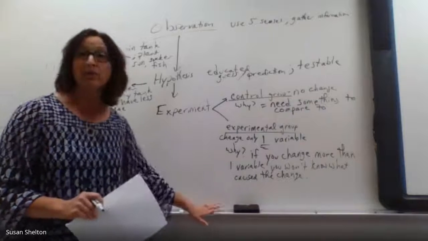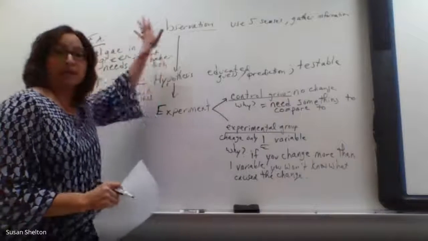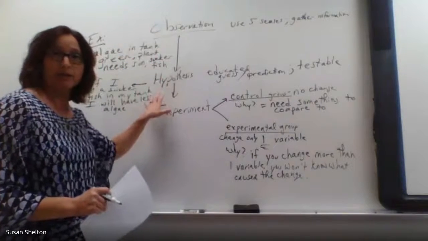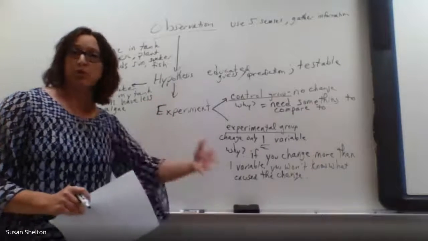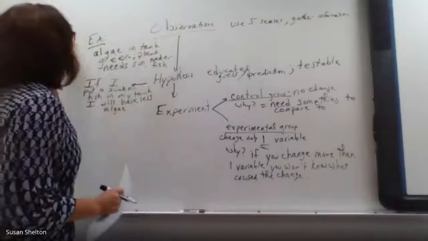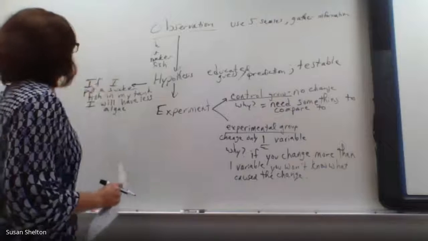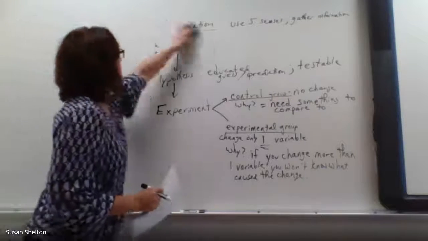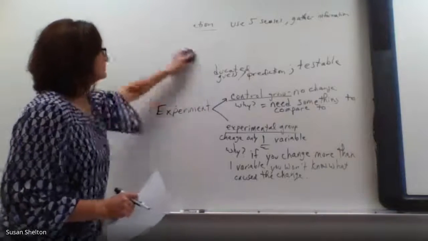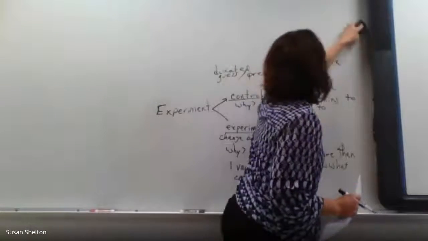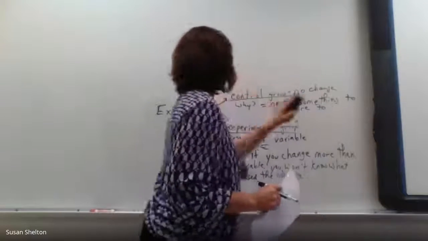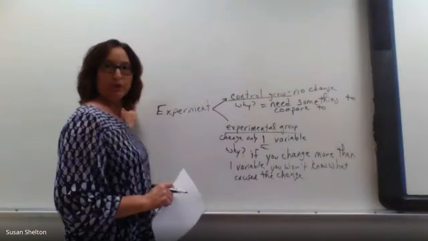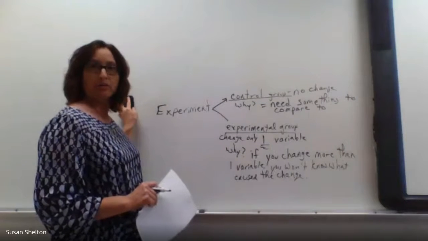And unfortunately, I'm running out of board. So I'm going to erase what we have so far up here. You can always rewind the video if you need to see that again. And hopefully you have that written down, or you might have to rewind.